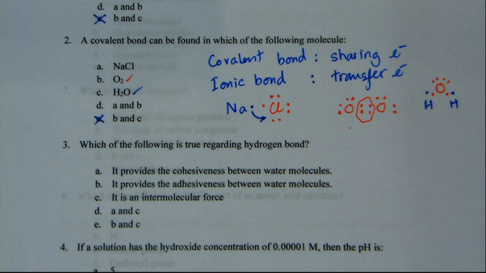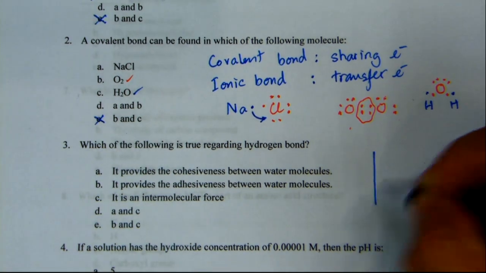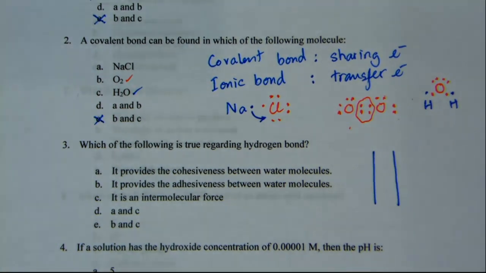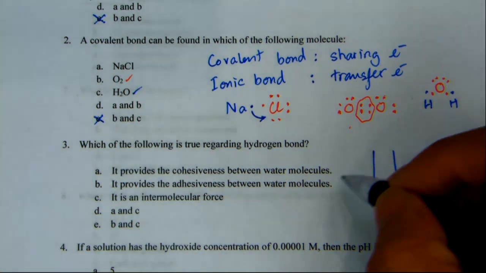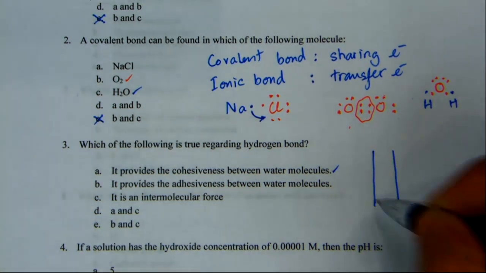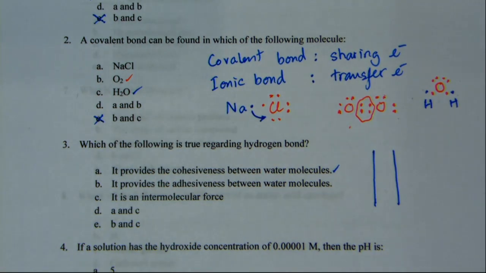So the cohesiveness is between the water molecules. That is correct. The second one says it provides adhesiveness between water molecules. Adhesiveness is between water molecules and other substances, not among themselves.